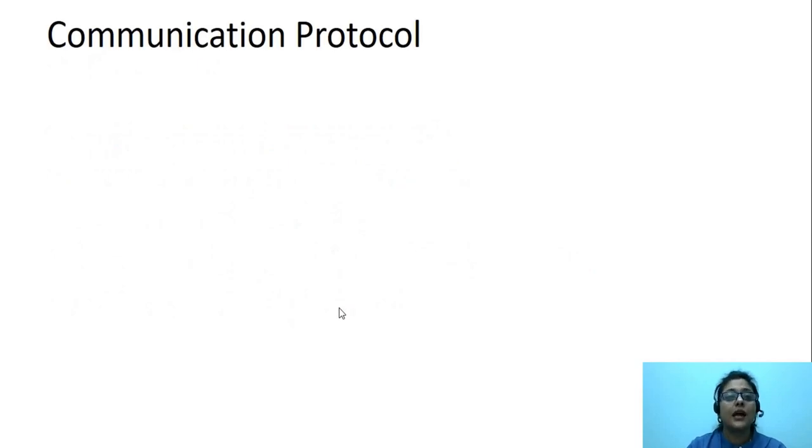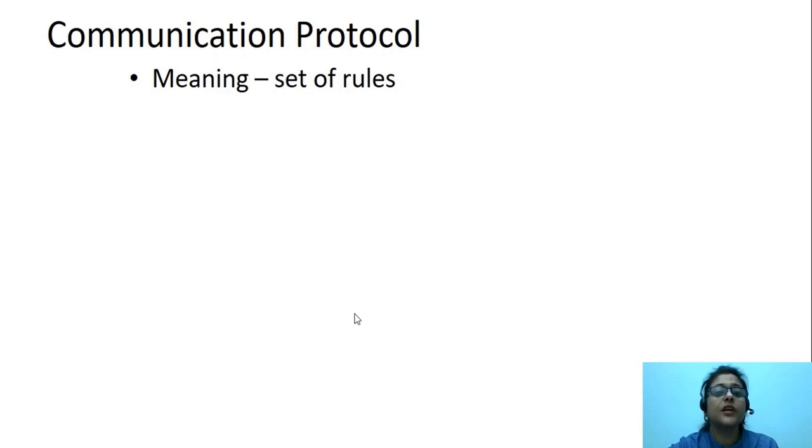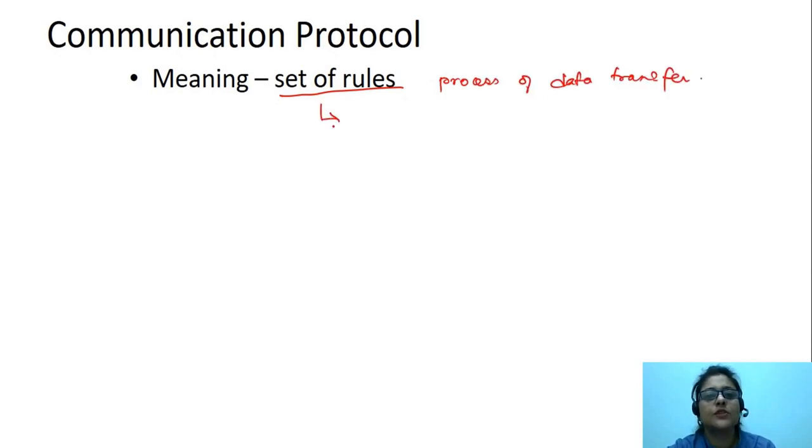Next, we understand what a communication protocol is. A communication protocol basically is a set of rules that govern the process of data transfer. There are three elements of communication protocol. One is called the syntax.